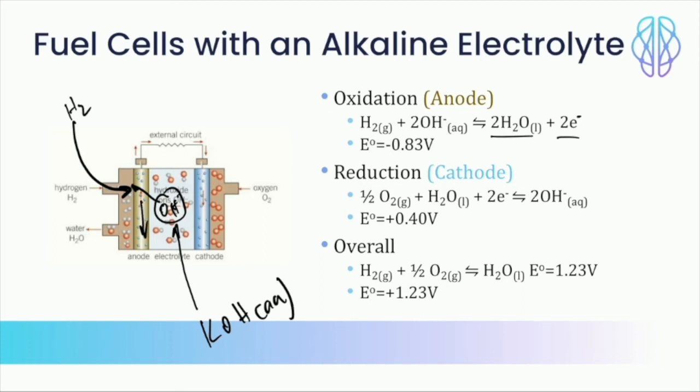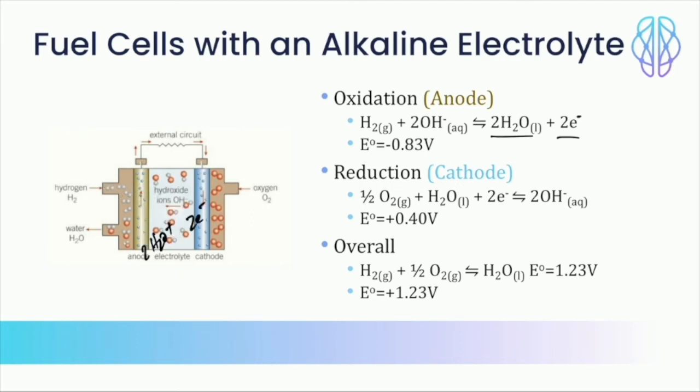So we've produced these 2 molecules of water and we've got 2 electrons. These electrons, if I grab my pen and redraw those 2 electrons, are free to travel in the external circuit, and I'll get rid of them here.